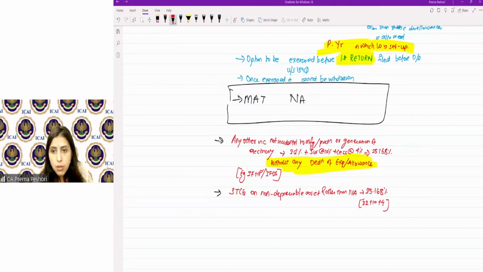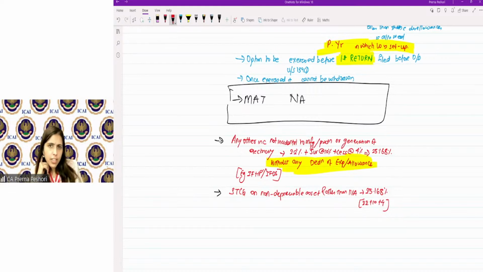Now, one last aspect under 115BAB is that if the AO is of the opinion that the business between the company which is claiming 115BAB tax rate and any other taxpayer with which this company has a close connection is arranged in such a way that the profits from the other company are being transferred to this company.